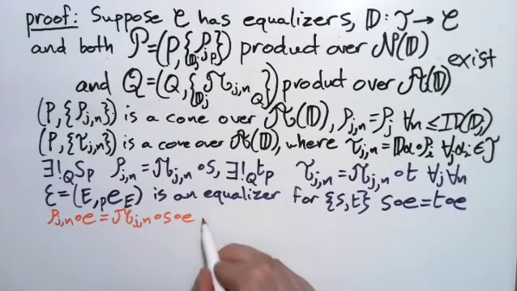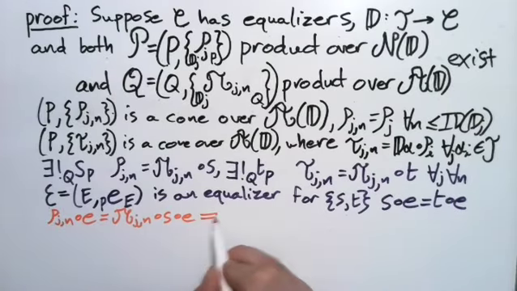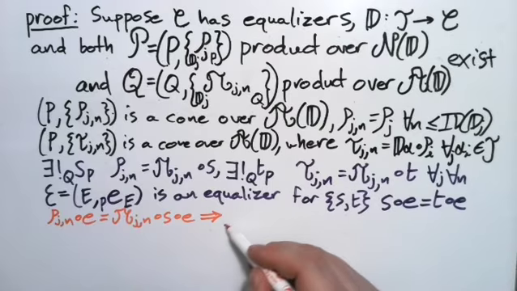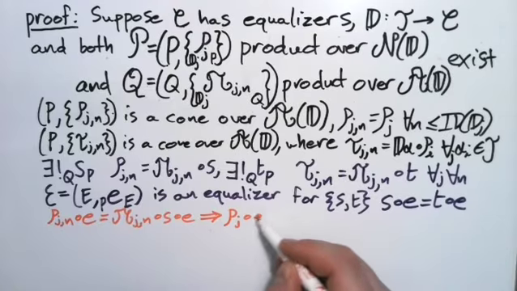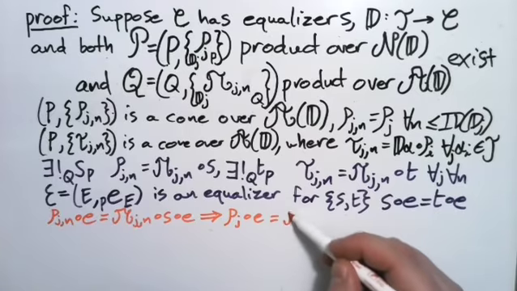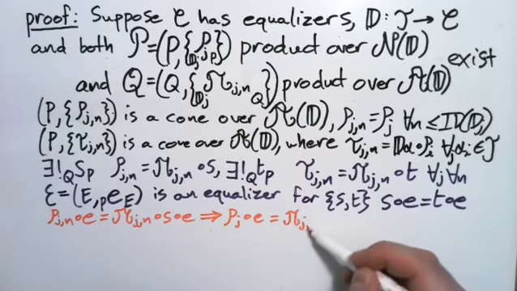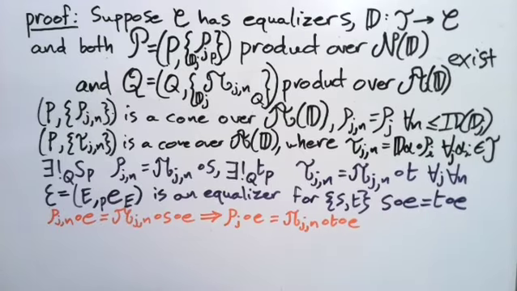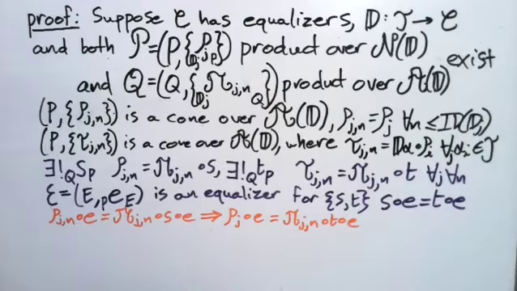But if that's the case, this side is just equal to rho j after e, right? This is rho j by this equation. And this side, because S after e is T after e, is just pi j_n after T after e. But then we can also do it with this equation here.